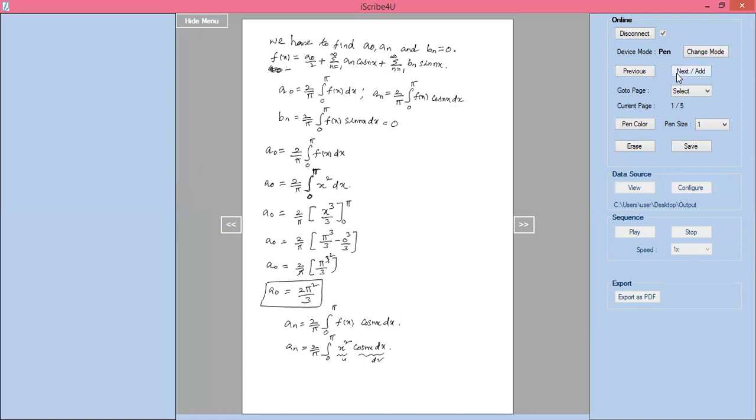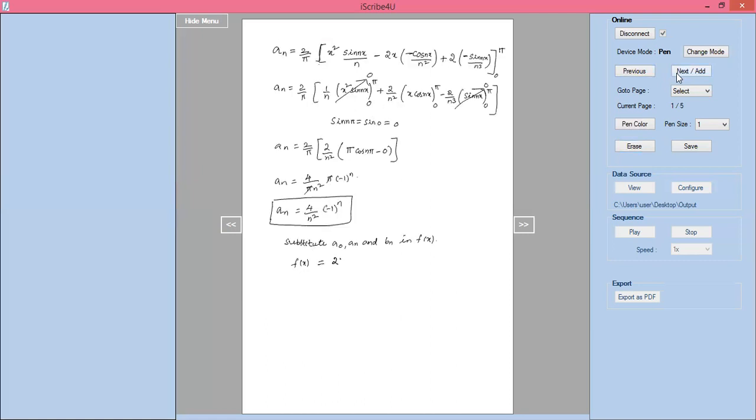So I'll write 2 pi square by 3 whole divided by 2 plus summation of n equal to 1 to infinity, an is 4 by n square into minus 1 power n into cos nx. Bn should be 0, summation of n equal to 1 to infinity, 0 into sin nx.